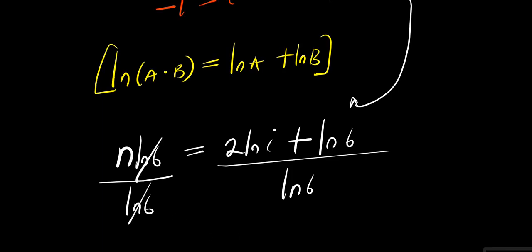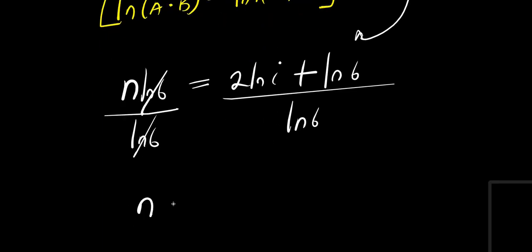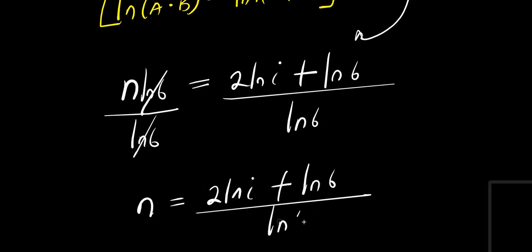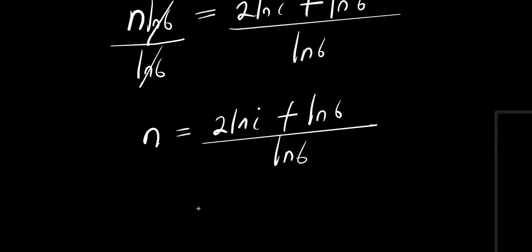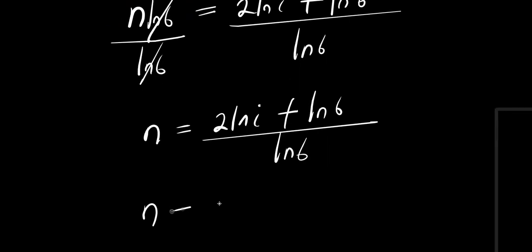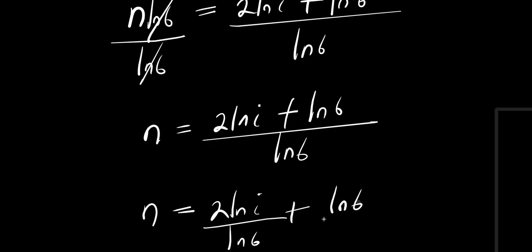This eliminates this. I have n equals 2 times natural log I plus natural log 6 divided by natural log 6. So from here, I have n equals 2 times natural log I divided by natural log 6 plus natural log 6 divided by natural log 6.